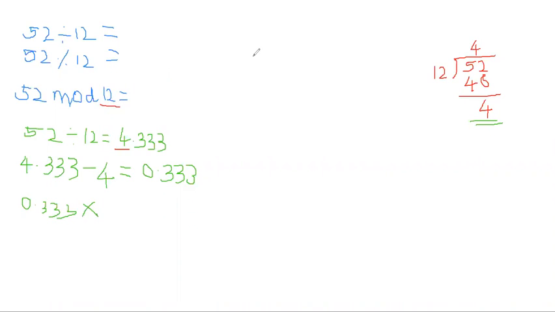So I'm going to multiply with 12. Now I'm going to use a calculator. If you want, you can use your calculator and check the values. If I multiply 0.333 by 12 in a normal calculator, I'm getting the value of 3.99.